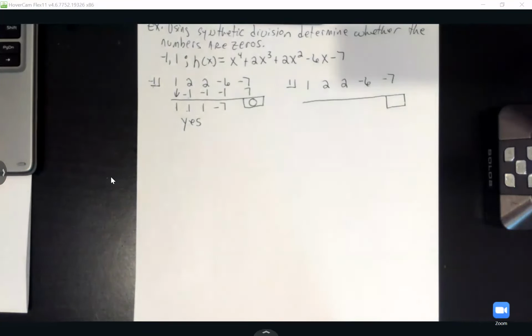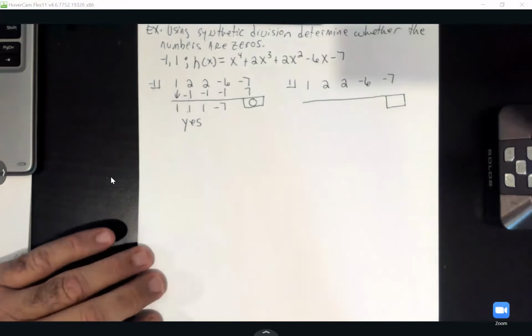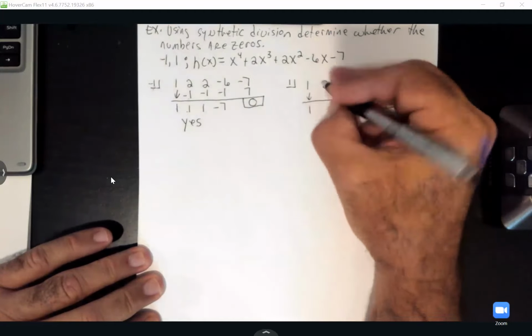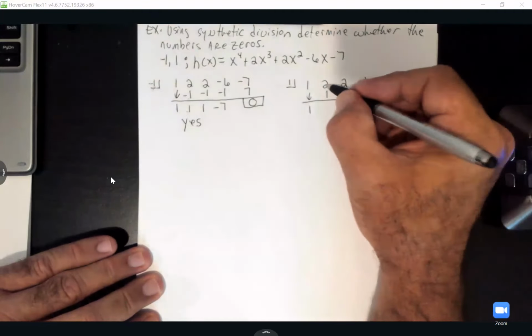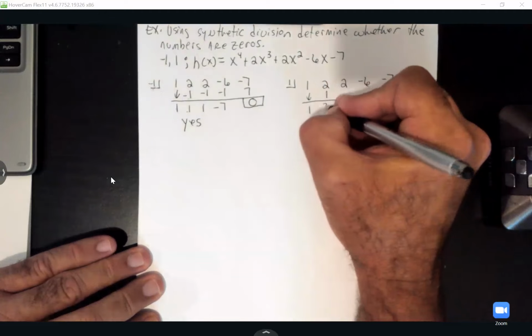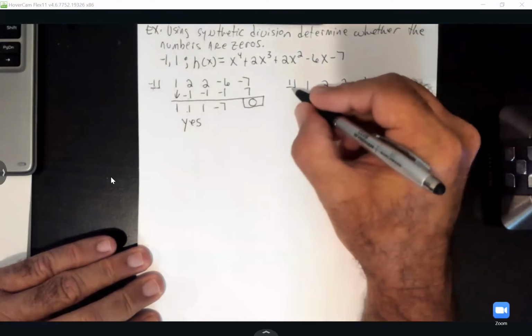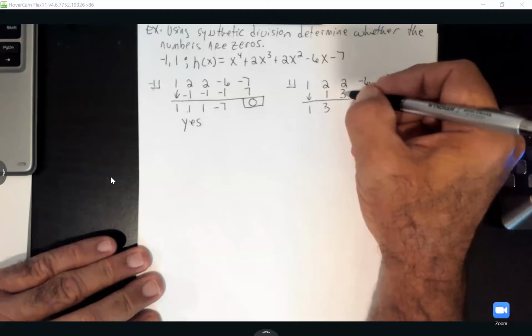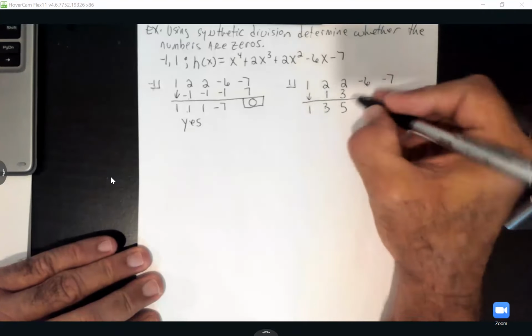All right, y'all, let's see if this one is a 0 or not. So we're going to bring the 1 down. 1 times 1 is 1. 2 plus 1 is 3. 3 times 1 is 3. Then we add 2 and 3, we get 5.